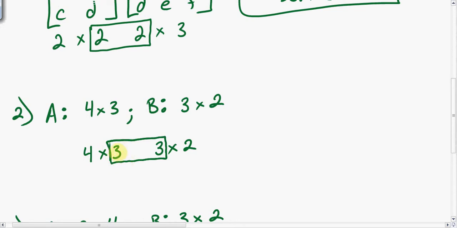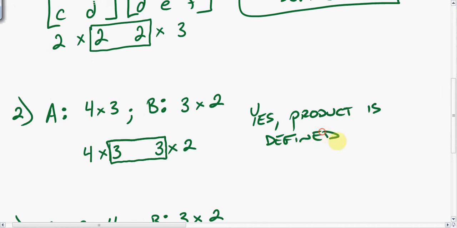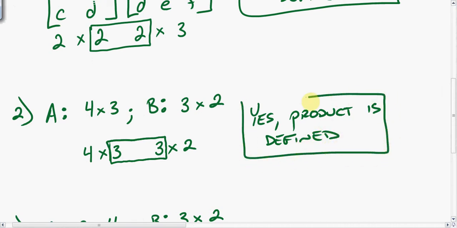The columns of the first matrix are the same as the rows of the second matrix. So again, our answer is yes. The product is defined. If we were to multiply 2 matrices with these exact dimensions, we would be able to go on.